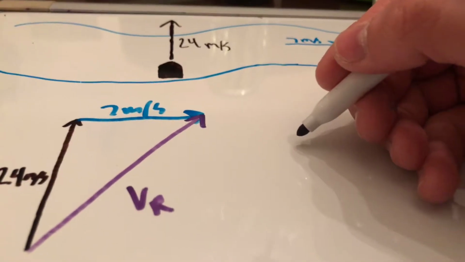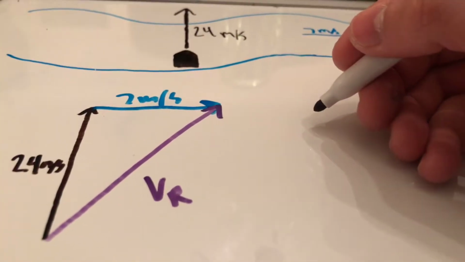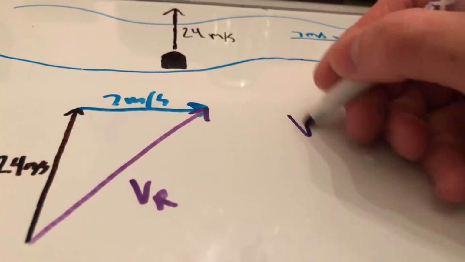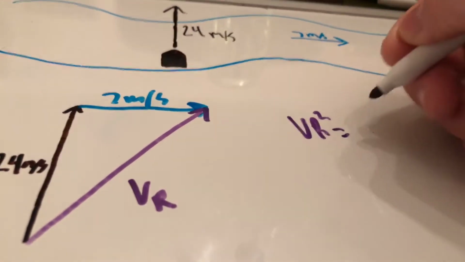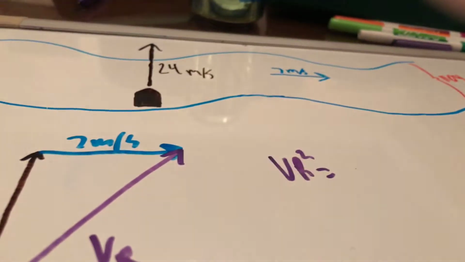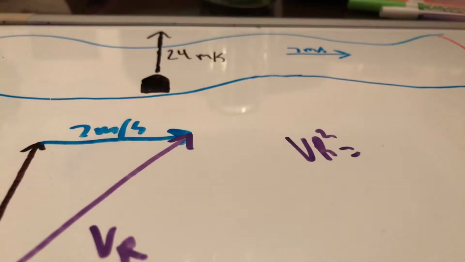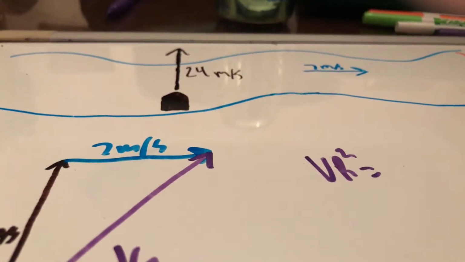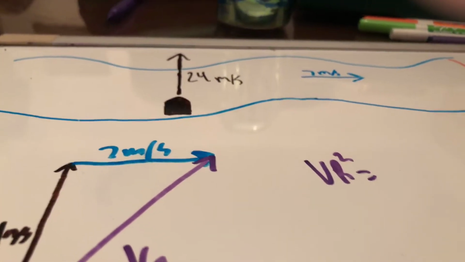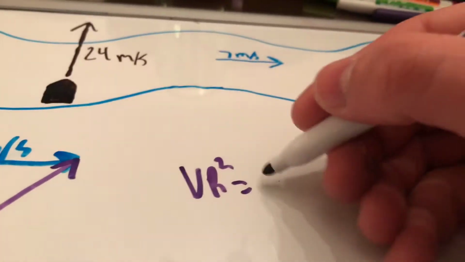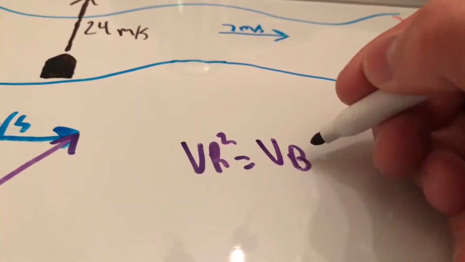So we're going to try and find the VR. If I use the Pythagorean theorem, VR is equal to the velocity of the boat. I'm just going to use the same colors.